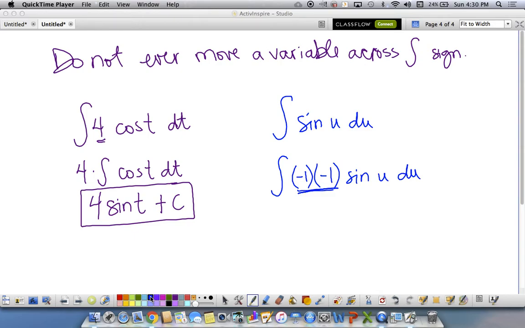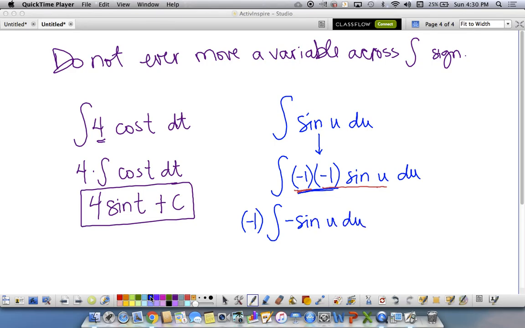I didn't change anything from the first step to the second step. But now, can I pull out one of these and leave one negative sine u on the right side? Yes, I can. So I'm going to pull out a negative 1. I'm going to have the integral of negative sine u du.